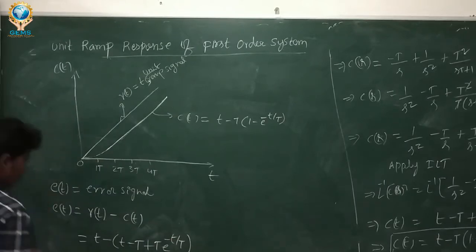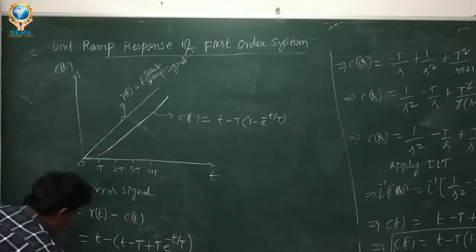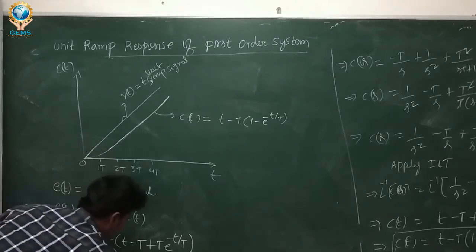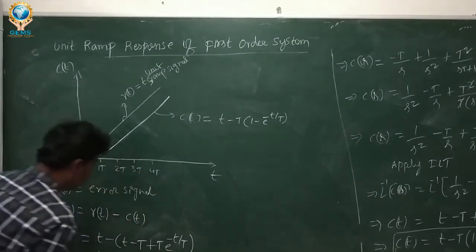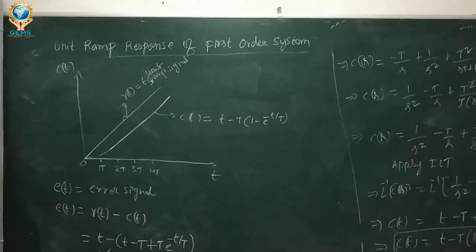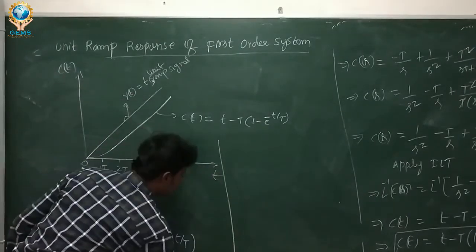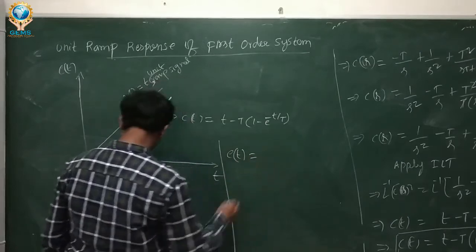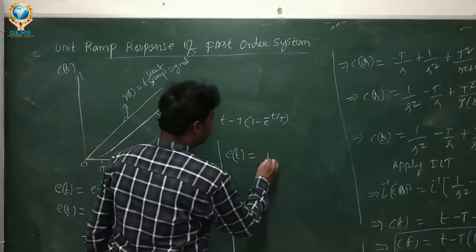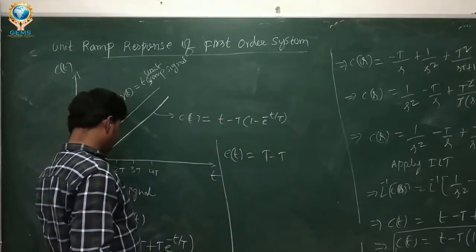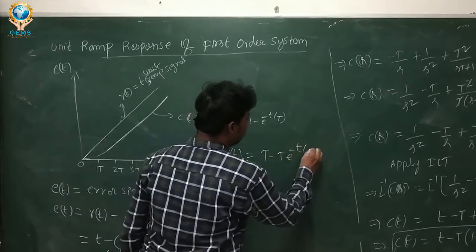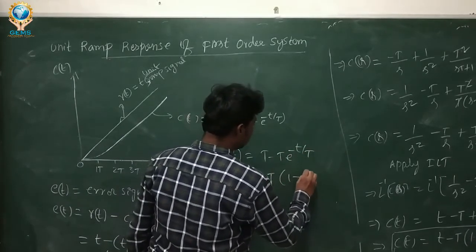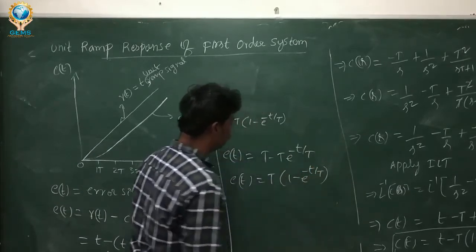You just substitute this equation, multiply inside: t minus t plus T minus T into e raised to minus t by T. So plus t minus t gets cancelled. What is left? e of t is equal to T minus T into e raised to minus t by T, so e of t is equal to T times (1 minus e raised to minus t by T).